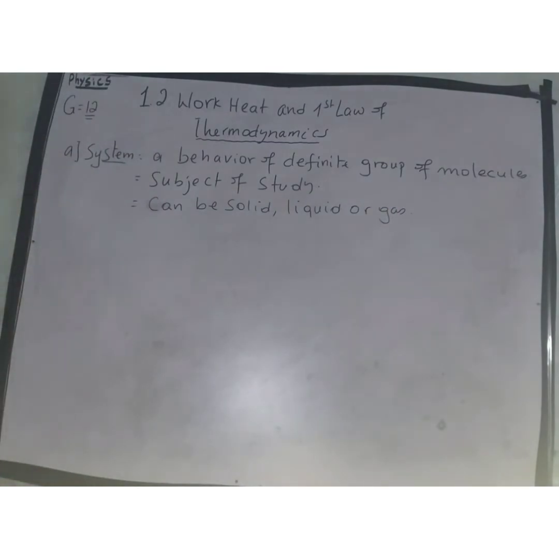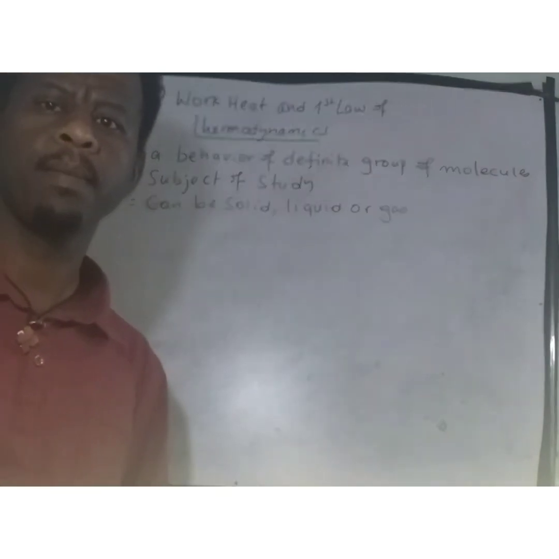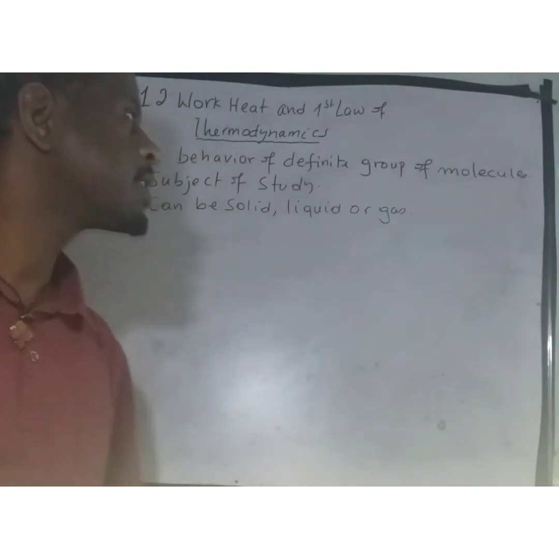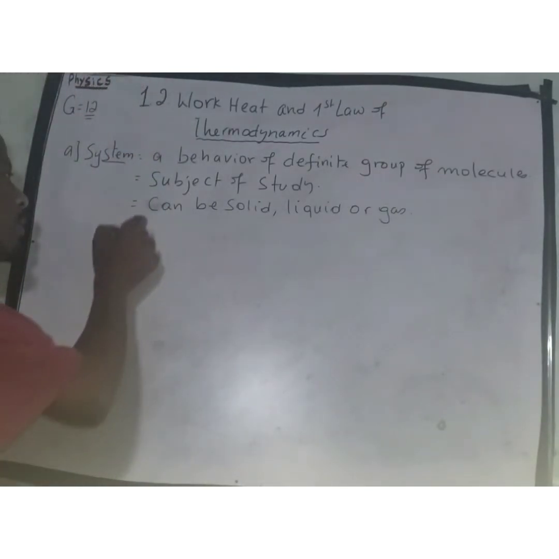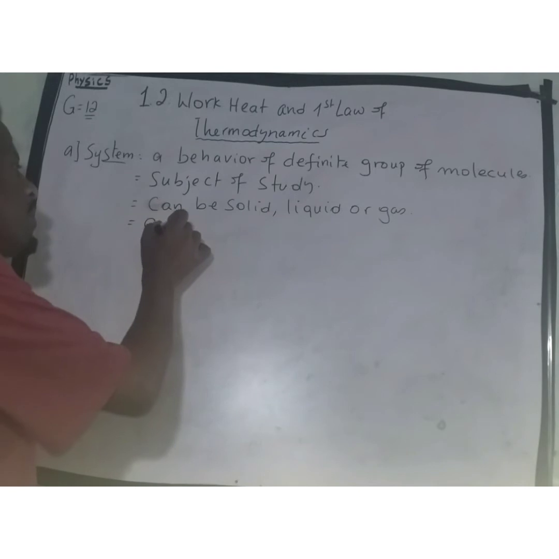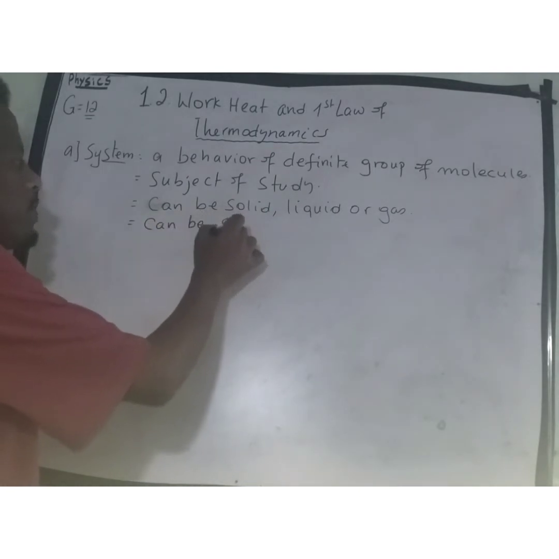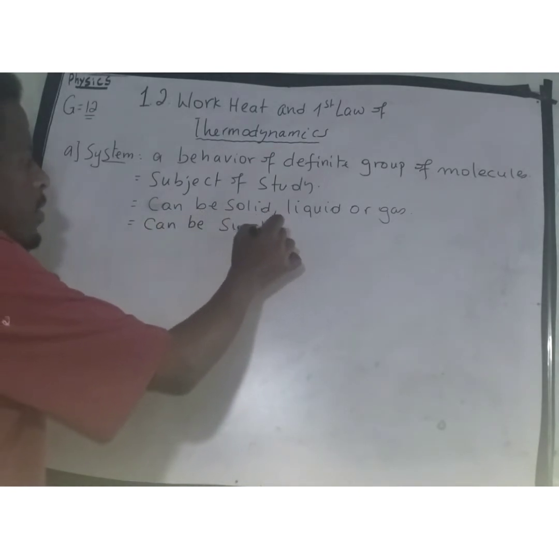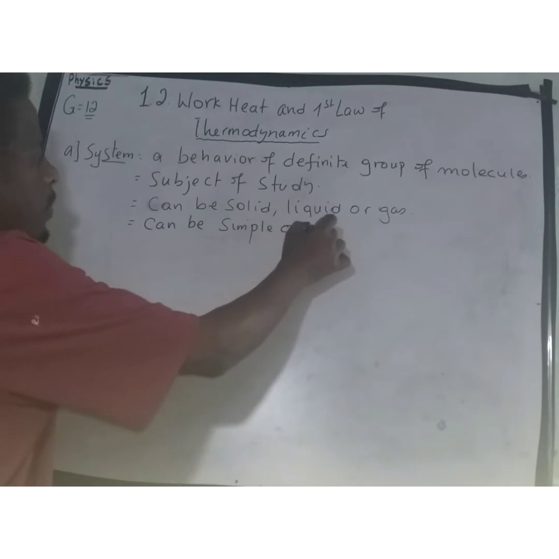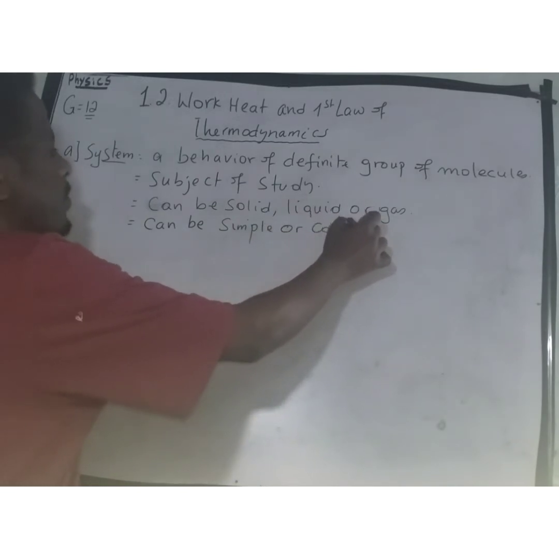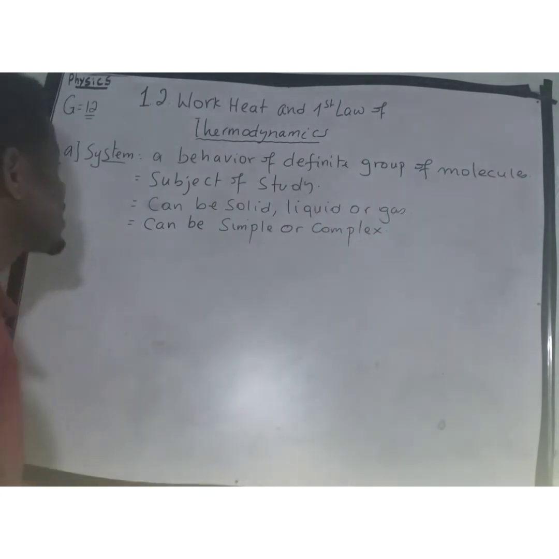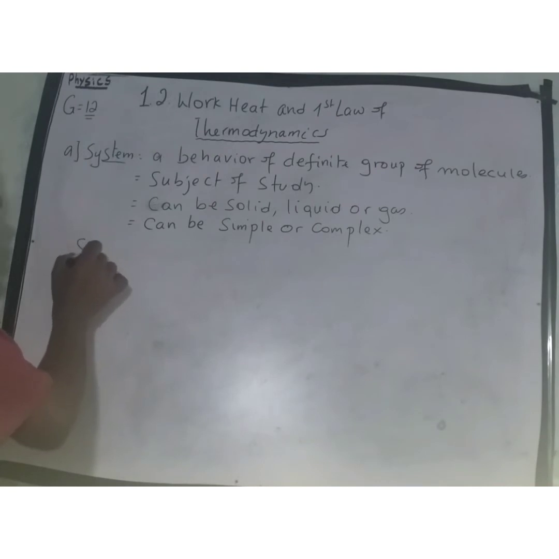Also, we may have a simple system and a complex system. Therefore, a system can be simple or complex. Whereas the second term discussed here is surrounding.